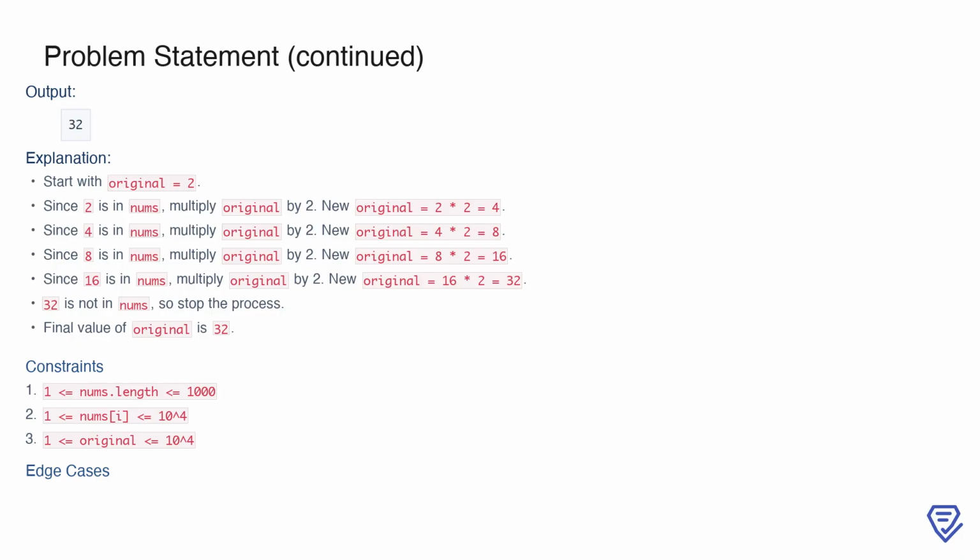Continuing, 8 is in the array, so we multiply by 2 once more, and original is equal to 8 times 2 equals 16. Finally, 16 is also in the array, so we multiply again, resulting in original equal to 16 times 2 equals 32. At this point, 32 is not in the array, so the process stops. The final value of original is 32. This example demonstrates how original can grow significantly when multiple doubling steps are possible.